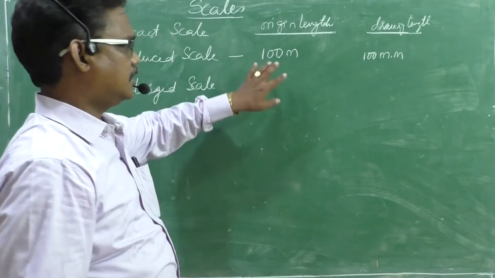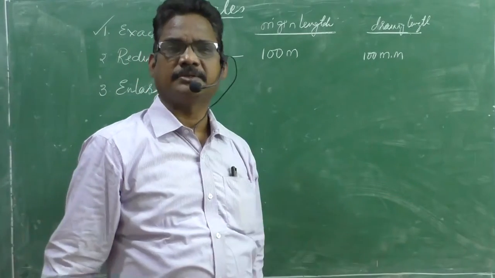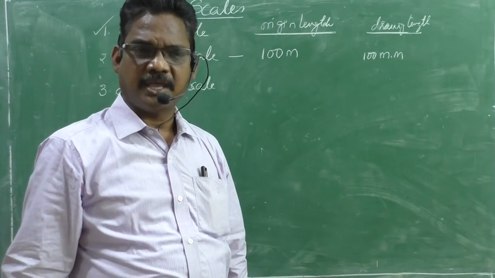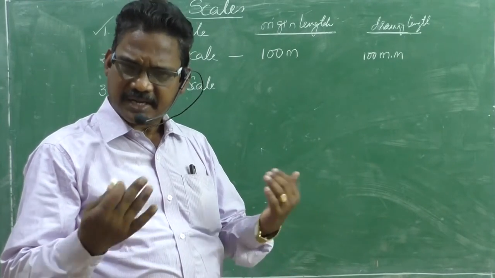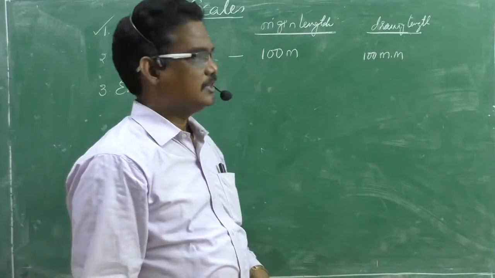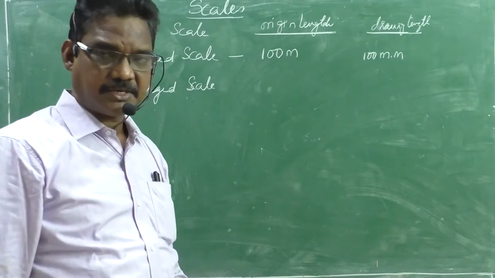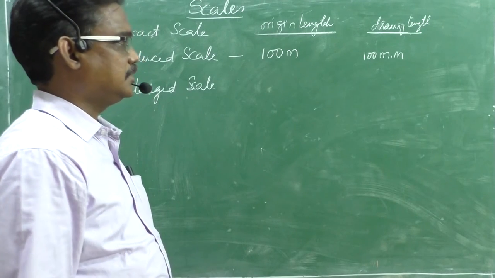Here 100 meters is represented with 100 mm. That means the scale is reduced. It is a reduction scale, or reduced scale. How much is it reduced? That we need to find.